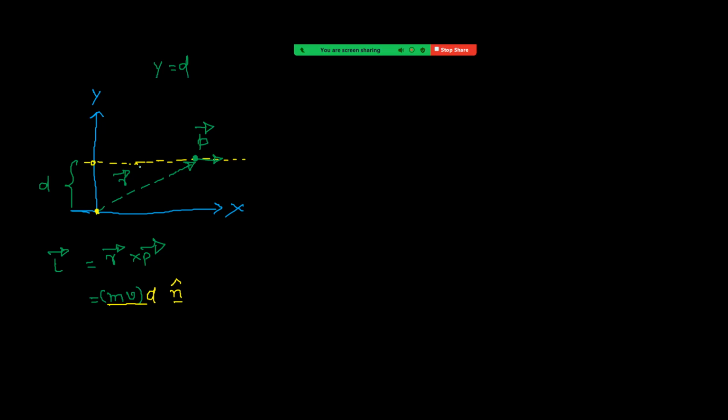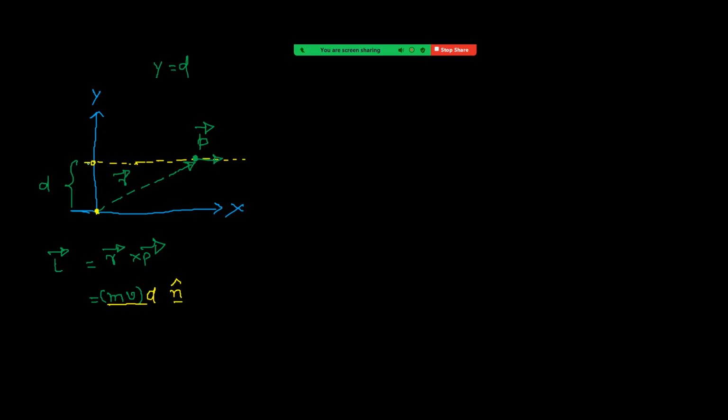If you take that point anywhere on this line, then between r bar and p bar, the angle is either 0 or 180. That means if you are taking a point on this line y equal to d, L bar is 0, and that 0 remains a constant, that won't change.